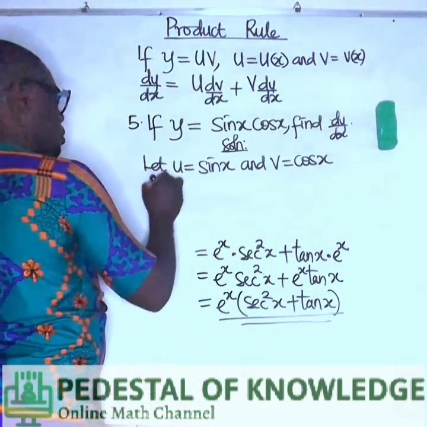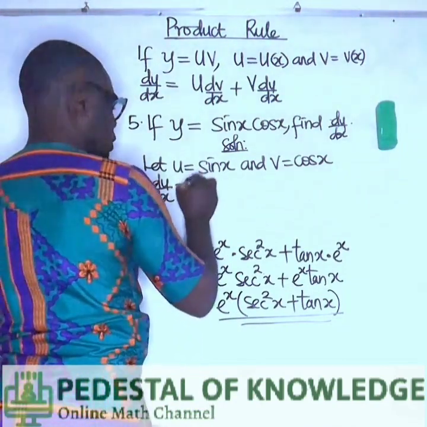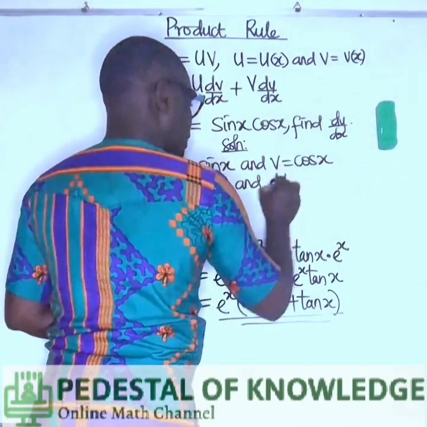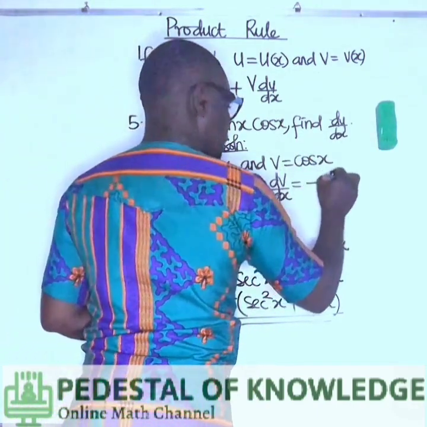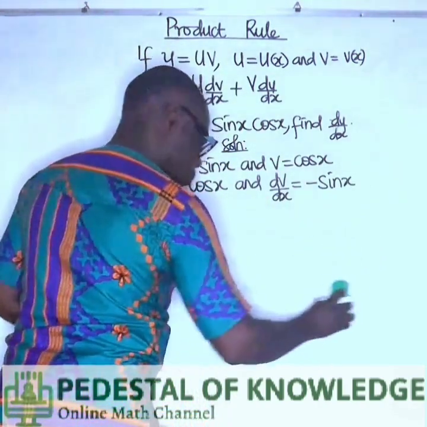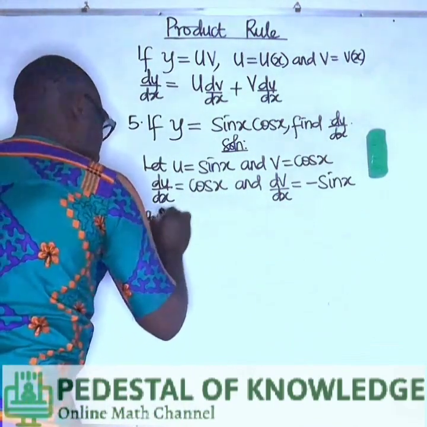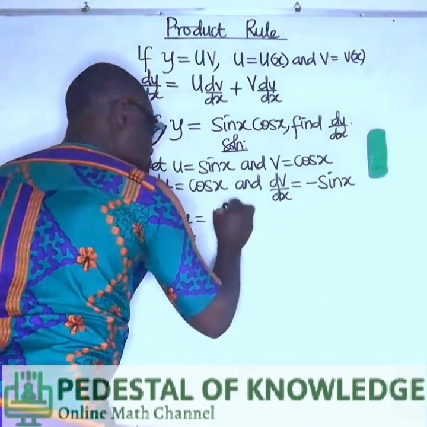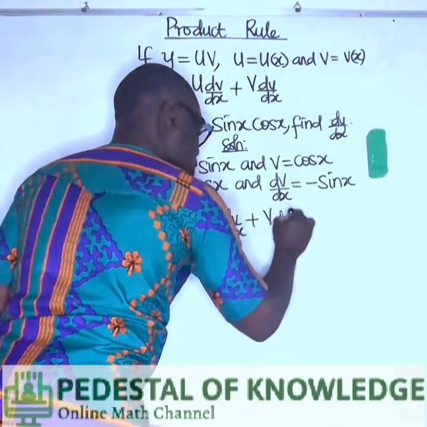Okay, now du dx is equal to, when you differentiate sine, the result is cos, and dv dx is, when we differentiate cos, the result is minus sine. Okay, now, we know that dy dx is equal to u dv dx plus v du dx.